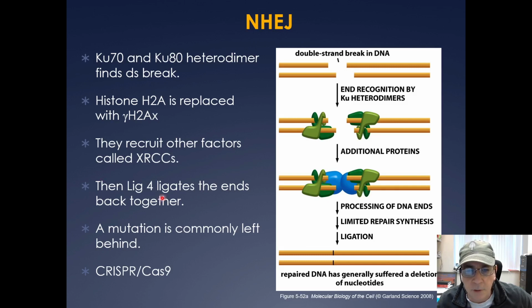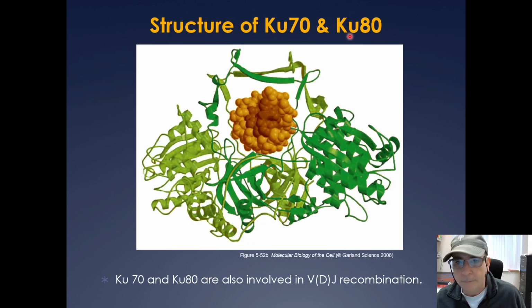And then this enzyme called Lig4 ligates the ends back together and seals the nick. Okay, so generally there's a small deletion of anywhere from 1 nucleotide to 4 nucleotides. So this is a cellular repair process that I want you guys to know, plus the base excision and the nucleotide excision repair along with it.